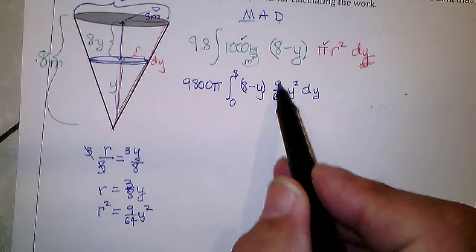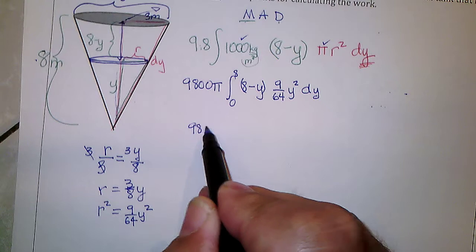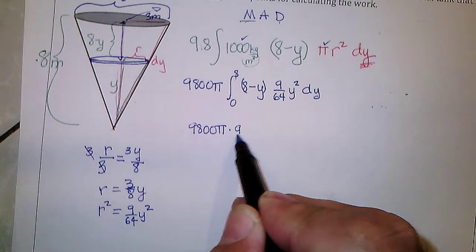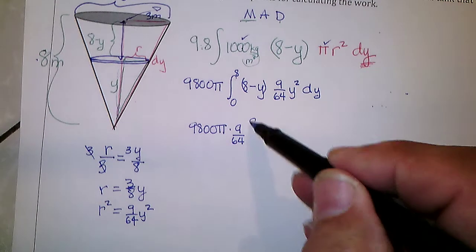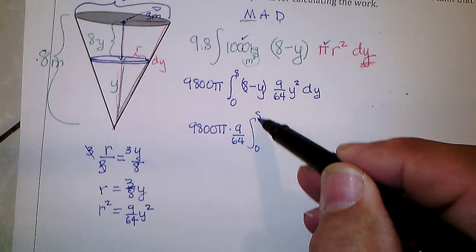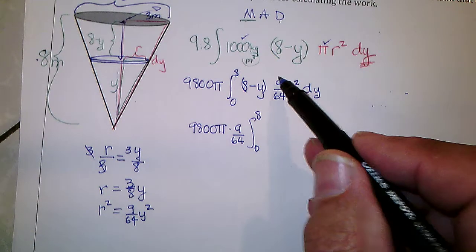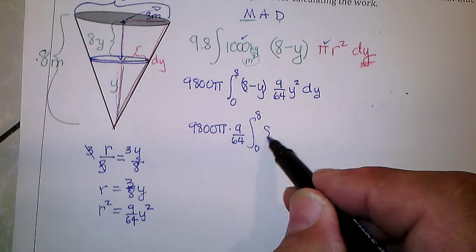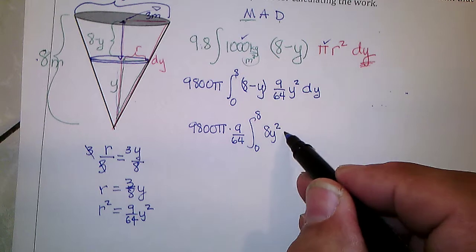I could take the 9/64 out, so I have 9800 pi times 9 divided by 64. Integral from 0 to 8 of y squared. This is now out, so y squared times 8 minus y.